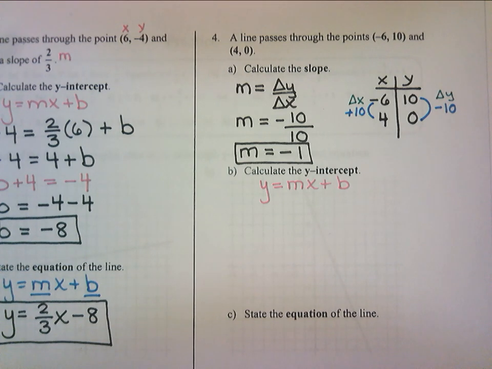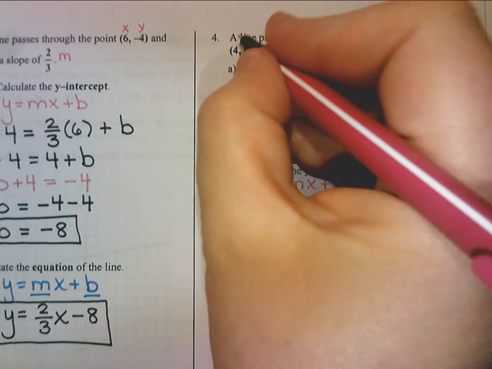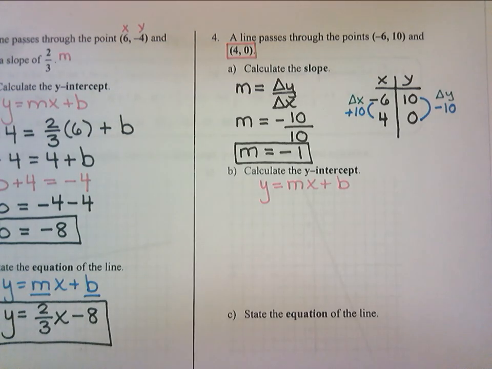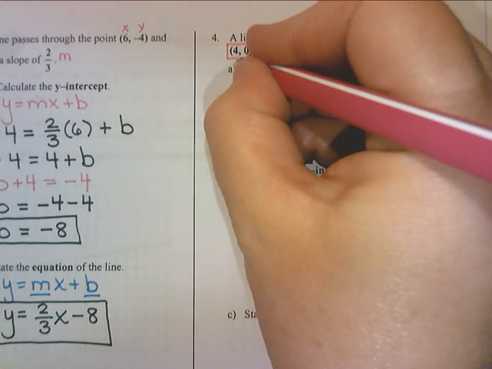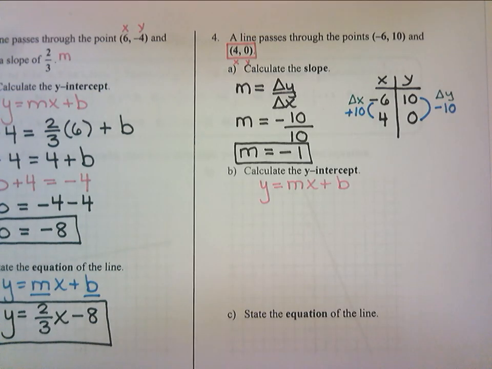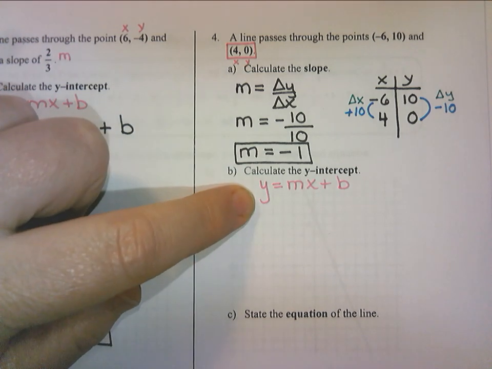So you get to choose which point you want to use, whichever one you think looks easier. I think the (4, 0) looks a little easier. The 4 is the x. The 0 is the y. They always go in alphabetical order. So into my y equals mx plus b, I'm going to put y.